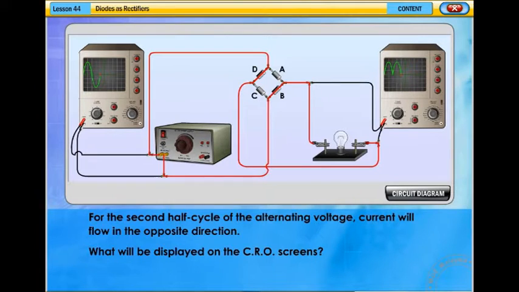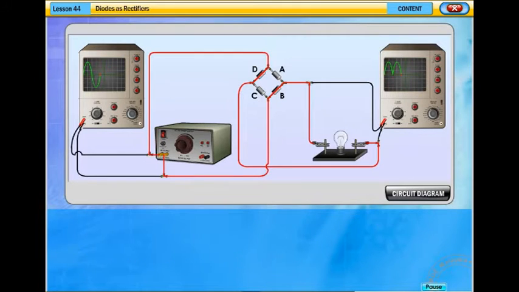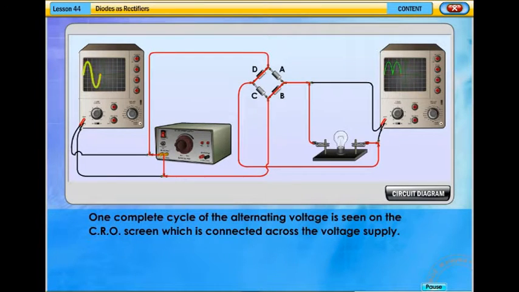What will be displayed on the CRO screens? One complete cycle of the alternating voltage is seen on the CRO screen, which is connected across the voltage supply.